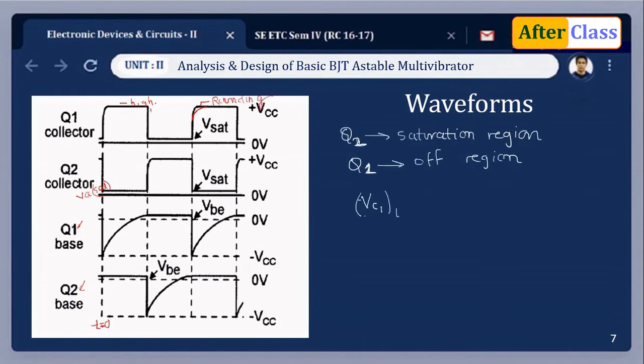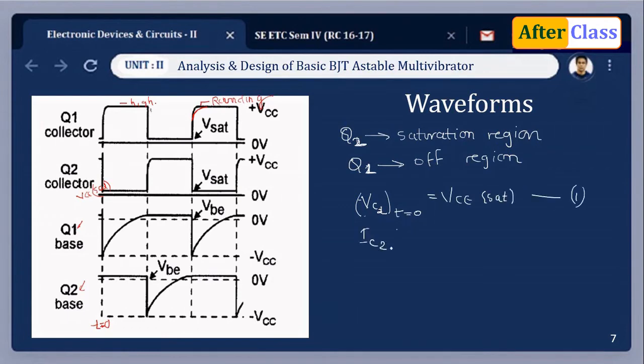When an astable multivibrator is switched, we have the following condition: transistor Q2 is in saturation region and transistor Q1 is in off region. So if this is the case, then we can write VC2 at T equals 0 is VCE sat, we'll mark this as 1.